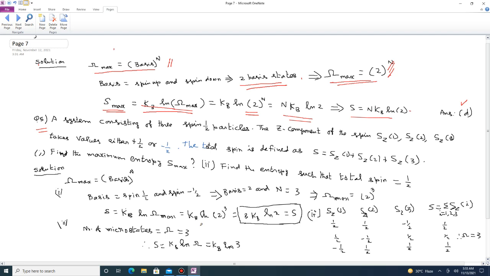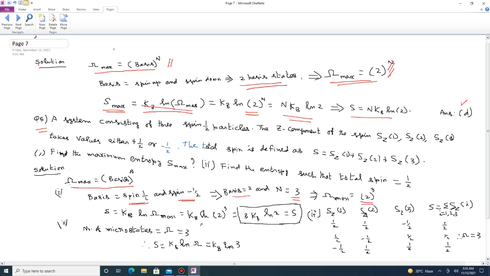So as I have already mentioned, the omega maximum is basis to the power n. Here spin plus half is one basis, spin minus half is another basis. There are 2 bases, so basis is equal to 2, and capital N is equal to 3 because there are 3 particles. So omega maximum is equal to 2 power 3.